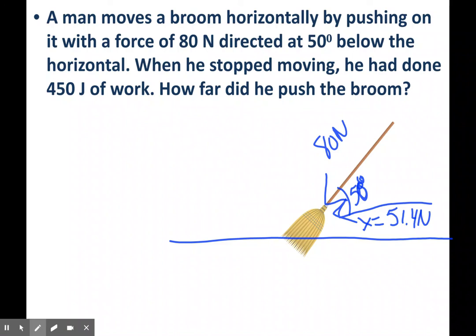When he stopped moving, he had done 450 joules of work. How far did he push the broom? So if we've got 450 joules for our work equals force, which is the 51.4, times our displacement. So we're going to take 450 divided by 51.4, and that gives us a displacement of 8.75 meters.